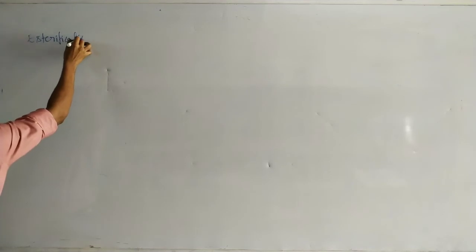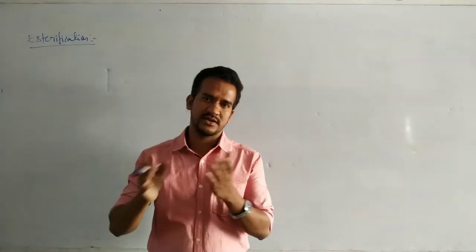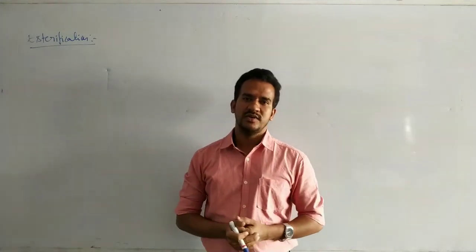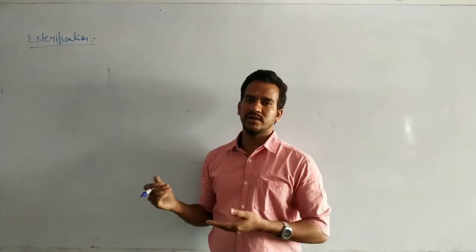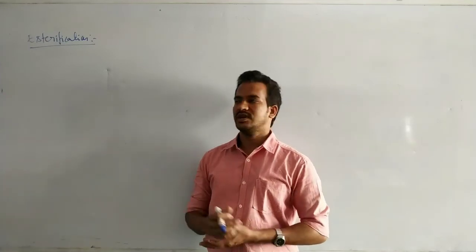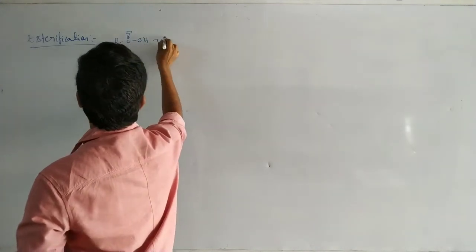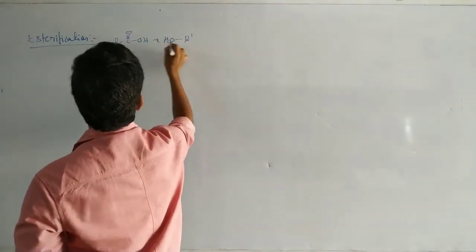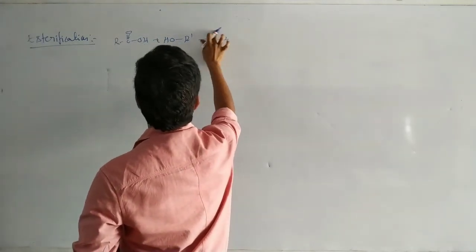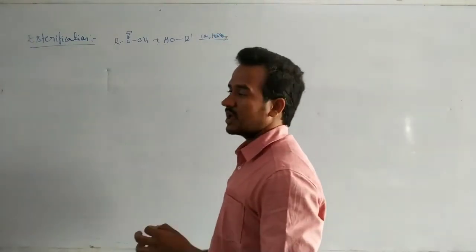Okay, so next, the esterification reaction. Ester hydrolysis produces carboxylic acid and alcohol, while in esterification, from a carboxylic acid and alcohol we can prepare the ester molecule. Generally, the carboxylic acid and alcohol react in the presence of acid medium, meaning concentrated H2SO4.